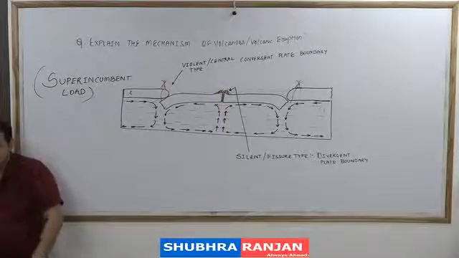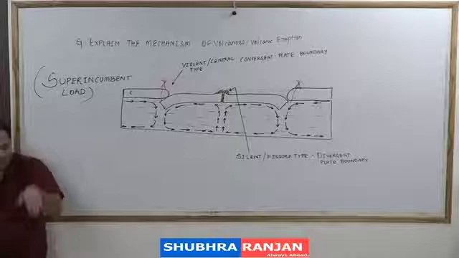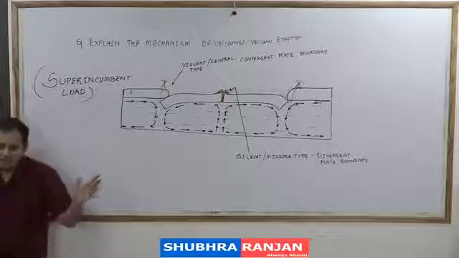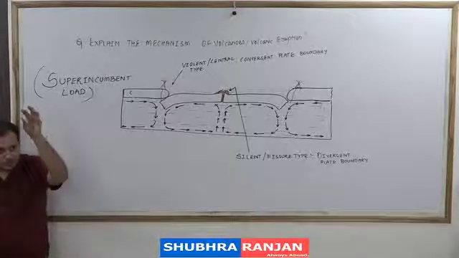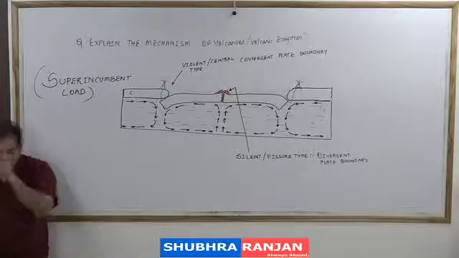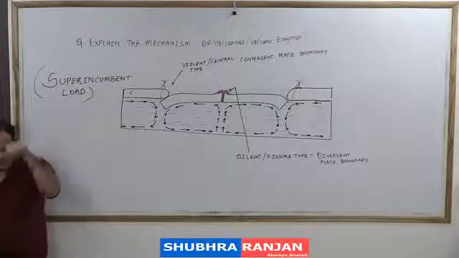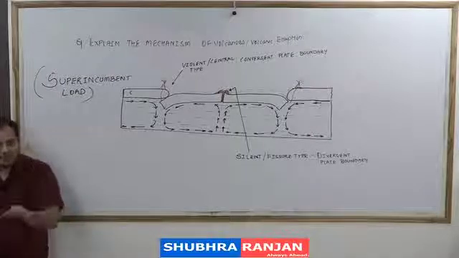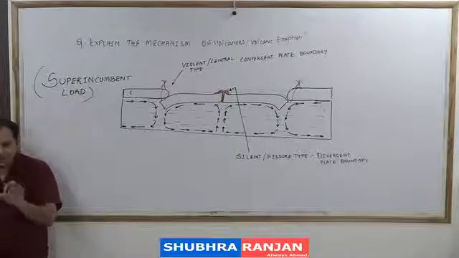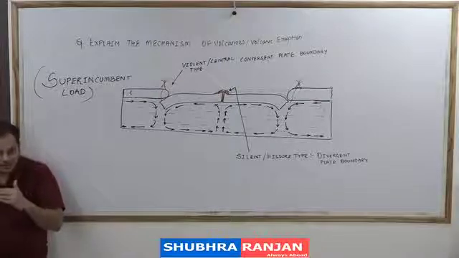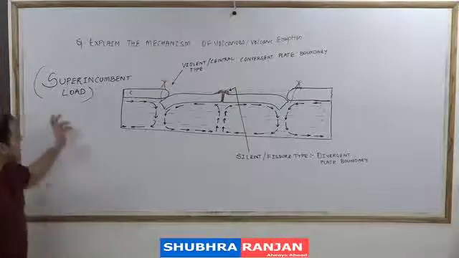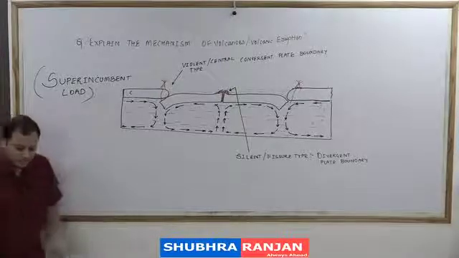That is why I said that sometimes in scuba diving, if you go very deep inside the sea, the body suddenly will burst. That is because superincumbent load goes on increasing if you go vertically downwards. That is superincumbent load. If you jump vertically in the water, water goes into your nose and ears. That is because your body cannot put that much pressure outside. So superincumbent load, overlying pressure.